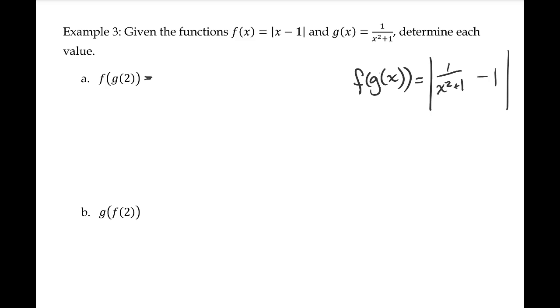Given this, I can plug in 2 for x and be able to solve this. So absolute value of 1 over 2 squared plus 1, minus 1. So that would be 4, 5, so 1/5 minus 1 is the absolute value of negative 4/5.